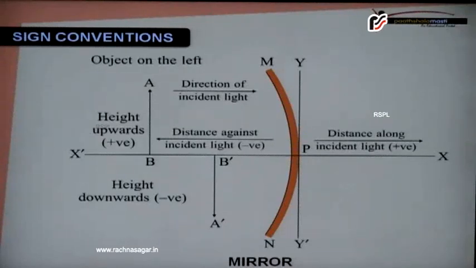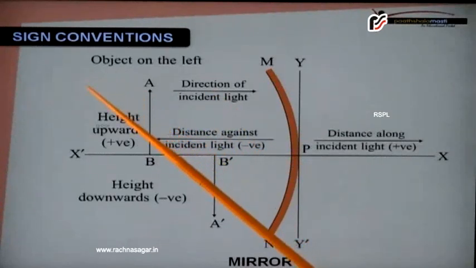Let us consider a concave mirror to learn about the sign convention for the concave mirror. Here, there is a Cartesian plane with the axes x, x dash and y, y dash. Now, a concave mirror MN is placed such that the origin, which is the intersection point of x dash and y dash, coincides with the pole of the mirror, this point P. Here, an object AB is placed vertically upwards on x dash.